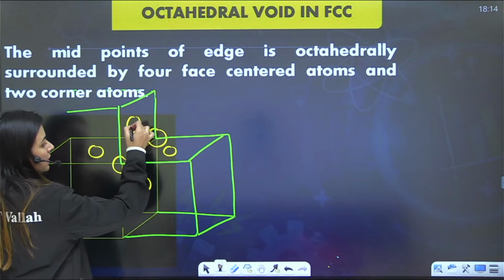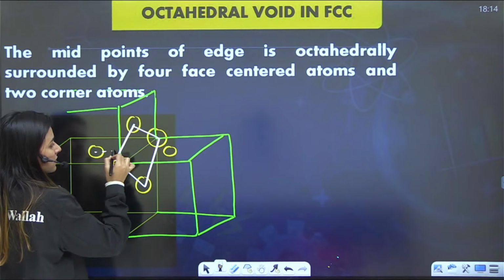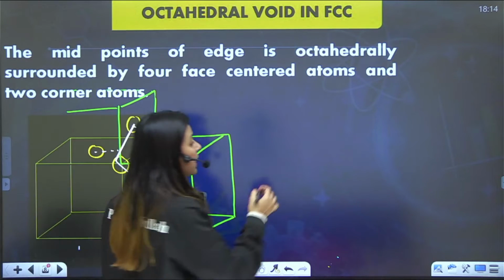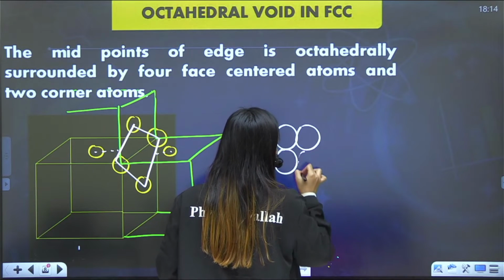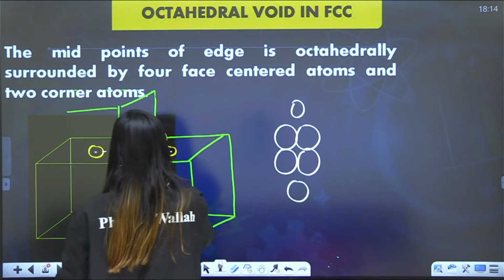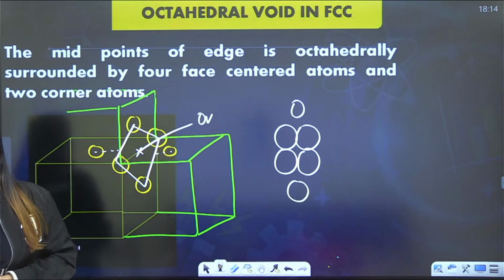See, these are the four atoms, and this is the atom above and this is the atom below. So can I say that again? I can see that I have four atoms present, and one atom is above and the other atom is below, and that is the reason this is my octahedral void again.